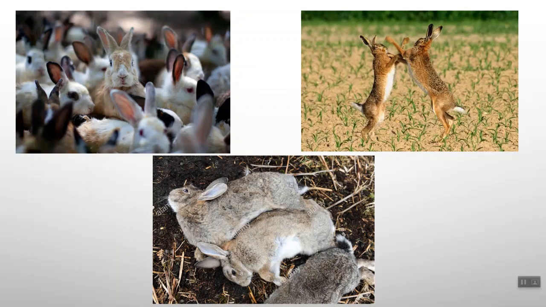So if we don't have predators in the area and we have only prey, what will happen? Number one, the number of prey will increase and the food resources become not enough. Number two, the competition among the prey population will appear, so the prey will be very weak and die.